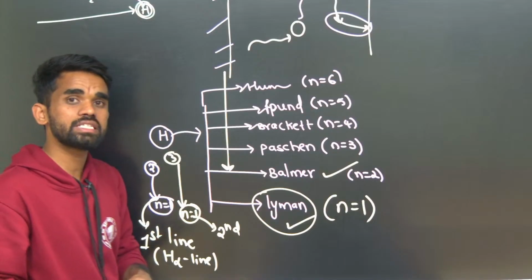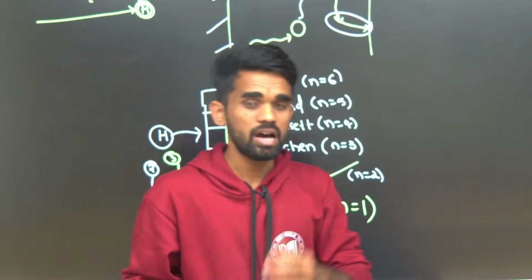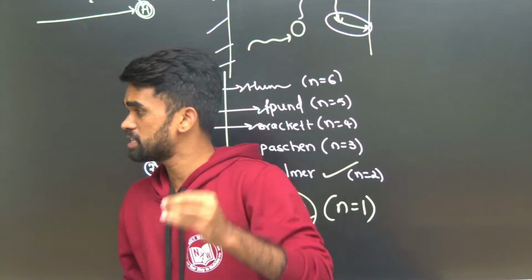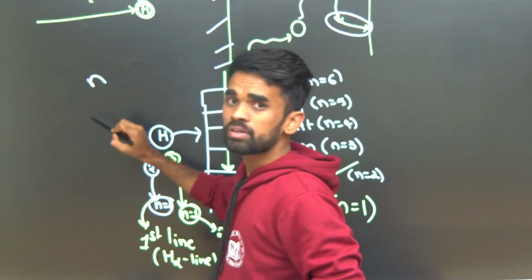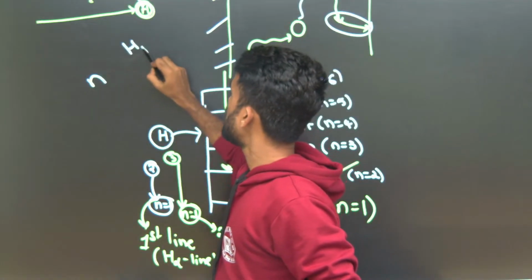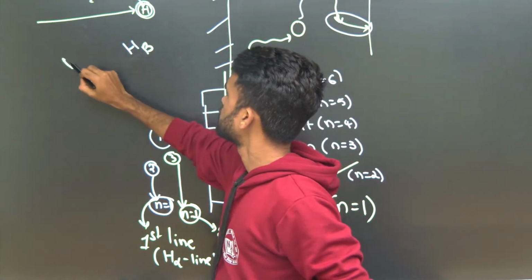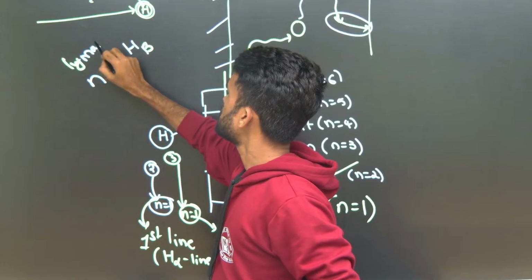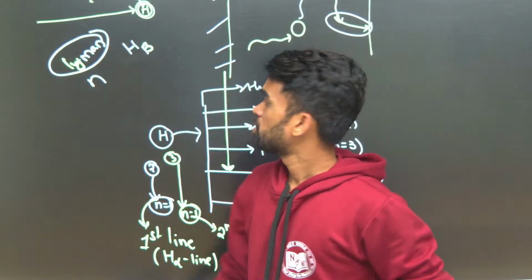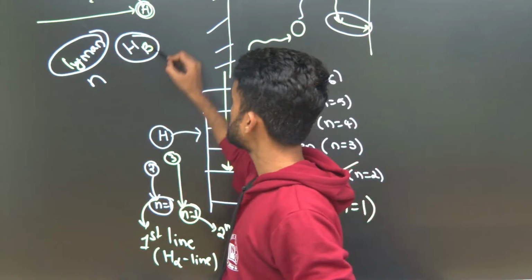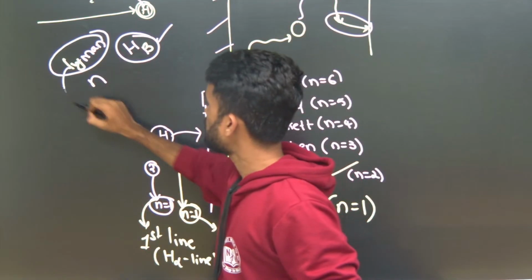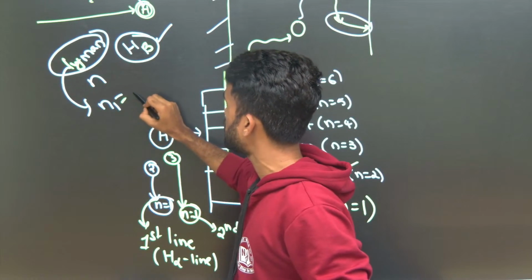Now why am I using gamma, beta, and first, second line? In the exam they will directly ask what are the n values for the H beta line of the Lyman series. H beta means the second line. So in the Lyman series, n1 should definitely be 1.